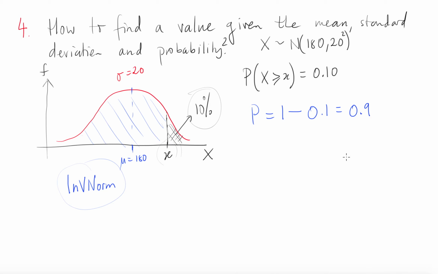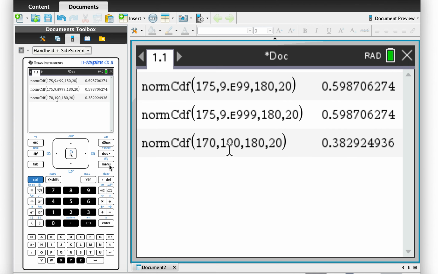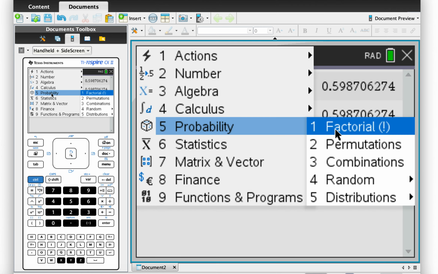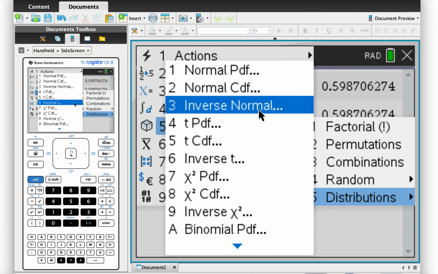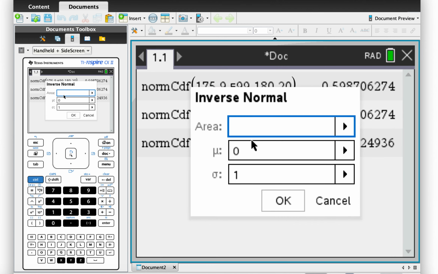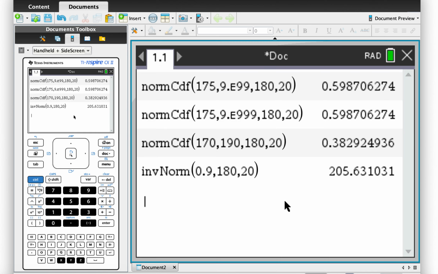Then I go to my calculator, I plug in menu, probability, distributions, and now inverse normal. I put in, as the area, the area to the left of the value that I'm looking for, in this case 0.9, because remember the area under the curve is the probability. I put in the mean, in this case 180, and the standard deviation which I'm given is 20, and press OK.